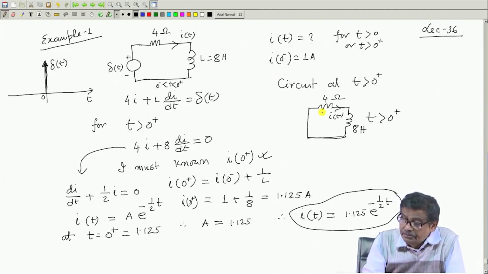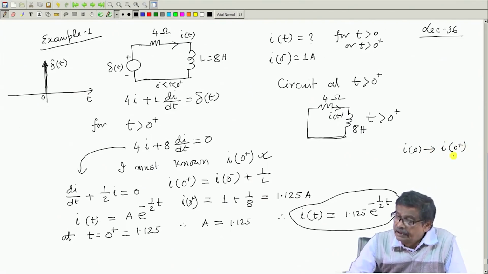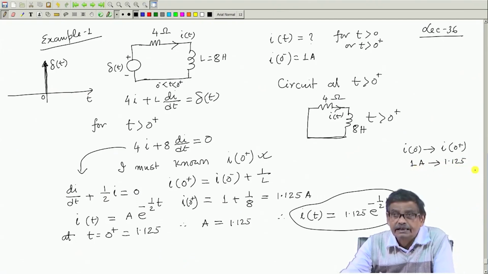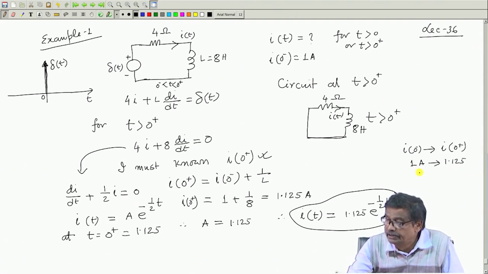That initial current will suddenly jump from I0 minus to I0 plus, that is from 1 ampere to 1.125 ampere, and this sudden change, a step jump of I, will take place at t equal to 0.